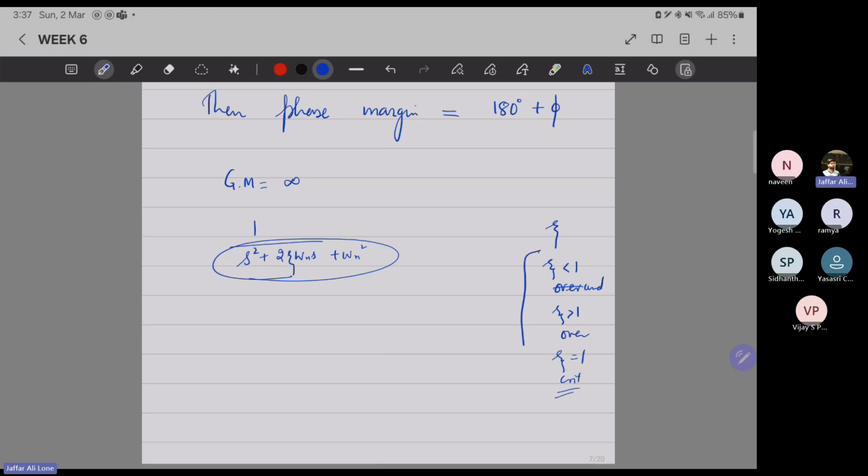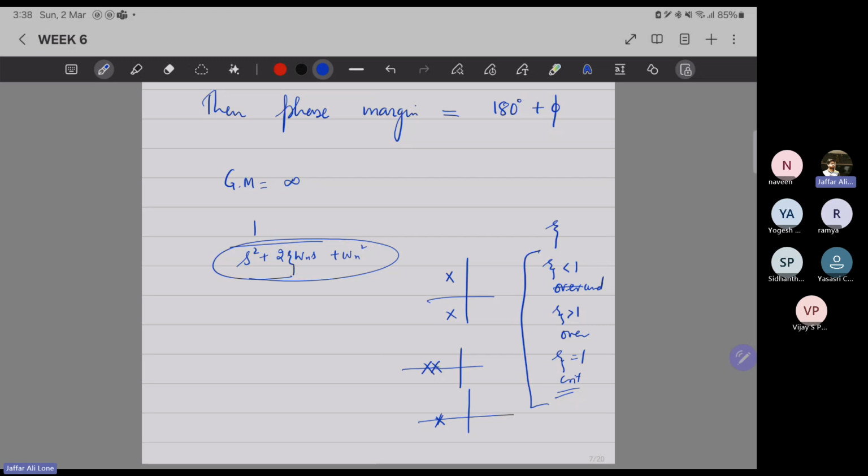Now, if my system is underdamped, you know the pole location of my system. Similarly, if it is overdamped, you know the pole location is this. Similarly, if it is critically damped, you have repeated poles. But for all these cases, my poles lie in the left half plane.